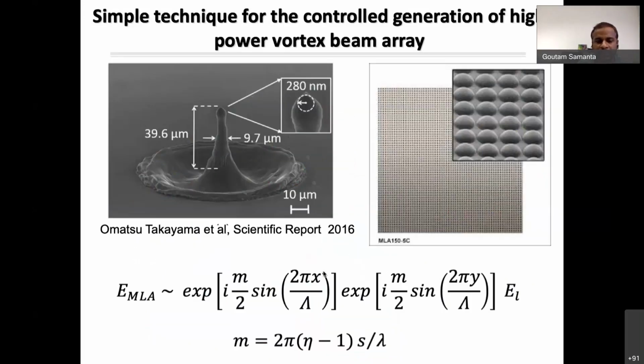Okay, so one of the interesting applications of optical vortices is fabrication in material structures, such as fabrication of nano needles. Here you can see a single shot nano fabrication, because the intensity of the vortex beam has a doughnut-shaped intensity profile.